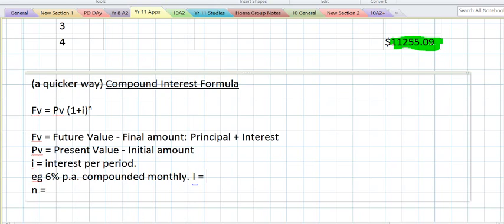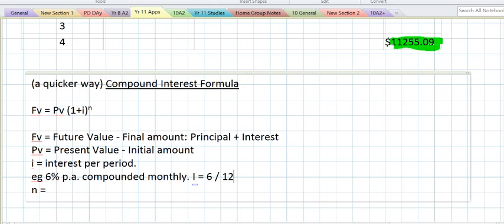So if it's 6% over the whole year, that interest is effectively split between the months. So the I would equal 6 divided by 12. Yes, you divide it by the number of periods. So I is the interest rate divided by the number of periods.